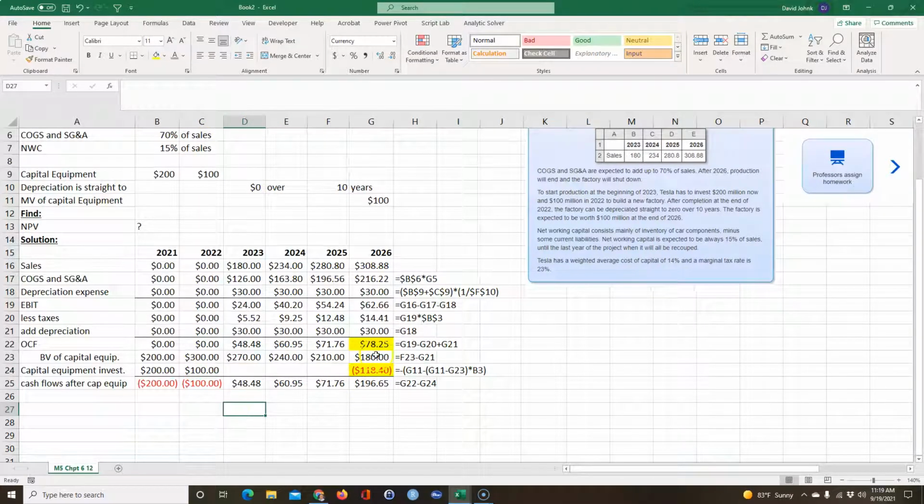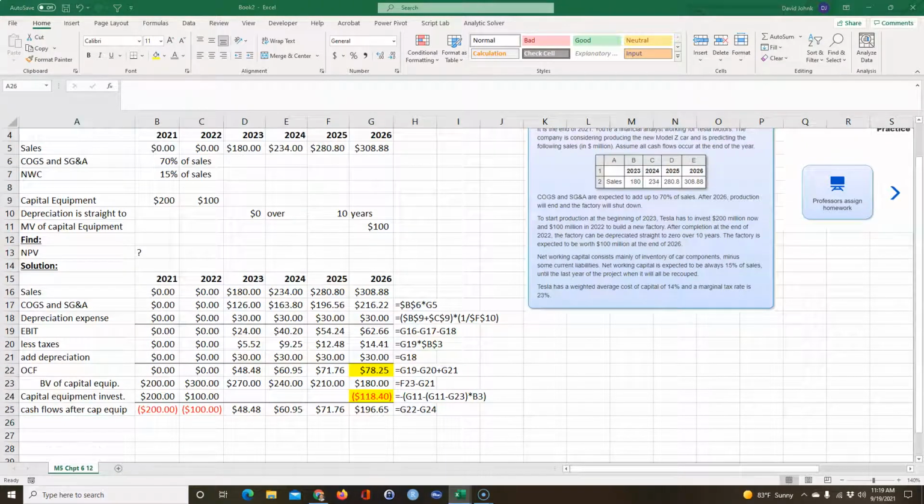Now that might make a little bit more sense, because I'm taking this minus a minus makes it a positive, right?